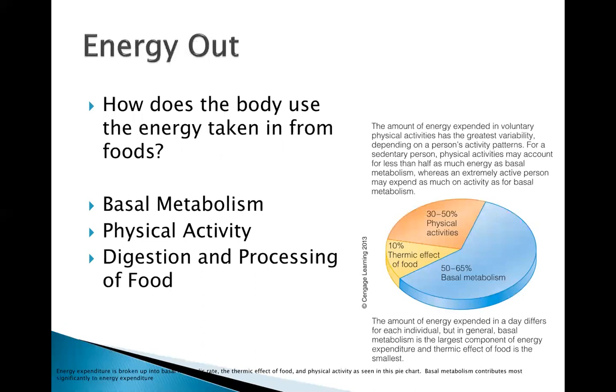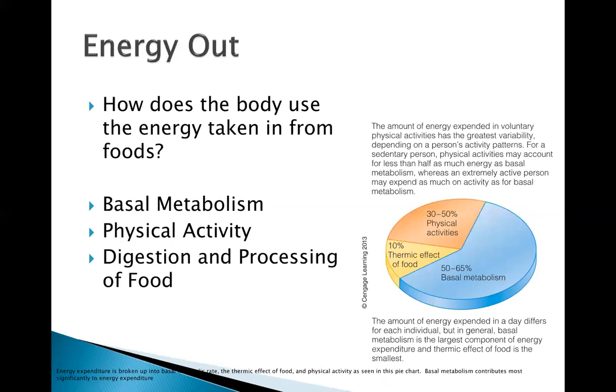Energy output. So energy output occurs in three main ways. And so once we eat foods, that energy has to go somewhere. And so it can be diverted into our basal metabolism, which I'm going to talk about, the thermic effect of food, and physical activities. You can see that thermic effect of food is relatively stable at 10% of our calories.